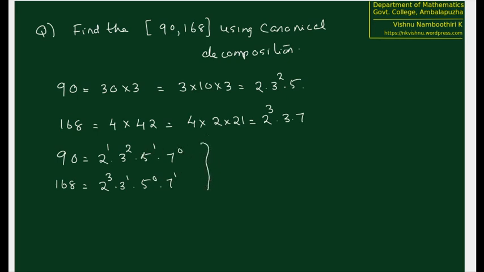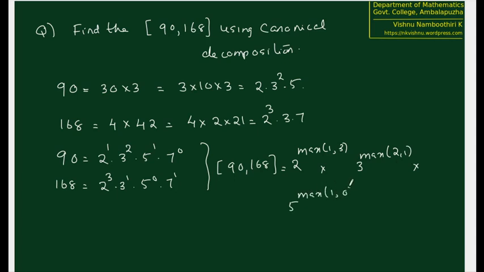Therefore, if we take the maximum of the powers, the LCM of 90 and 168 is equal to 2 to the power maximum of 1, 3, into 3 to the power maximum of 2, 1, into 5 to the power maximum of 1, 0, into 7 to the power maximum of 0, 1.